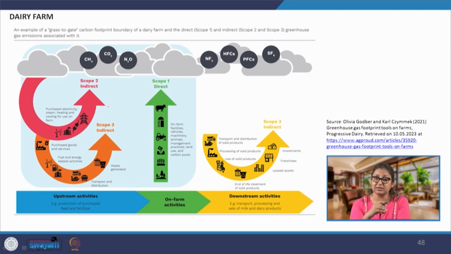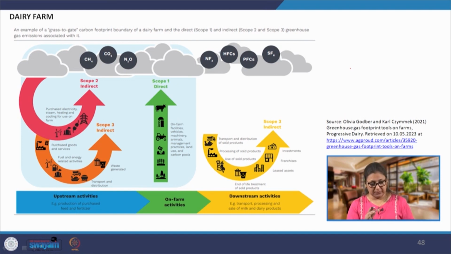Now, if we look at the dairy farm here, we can clearly see that the process emissions are different from the industrial units, where we normally understand that the GHG protocol might be applied only to industrial units or corporates or the service sector. But here, when they applied it to a dairy farm, the processes are pretty much organic in nature, but they also cause emissions, and that is what has been identified.